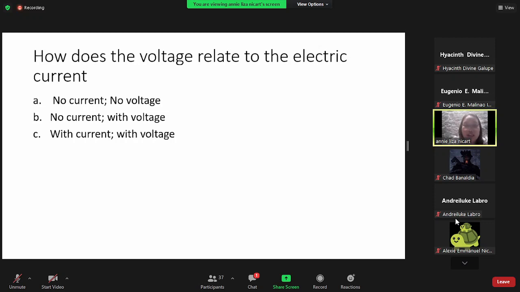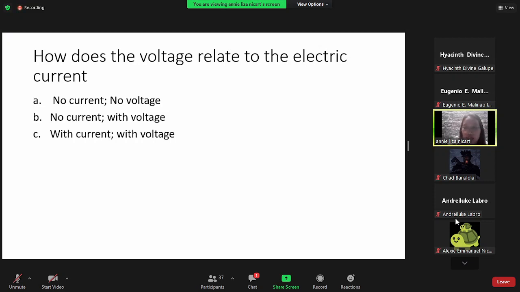So what is the relationship between these two quantities? Is it directly or inversely proportional? Okay, what do you think will happen to the current if we increase the voltage? Kapag mataas yung voltage, ano ang masasabi ninyo regarding the amount of electric current present?